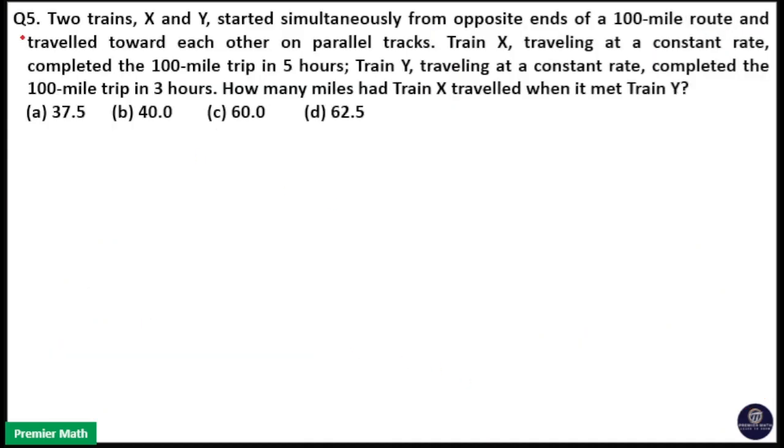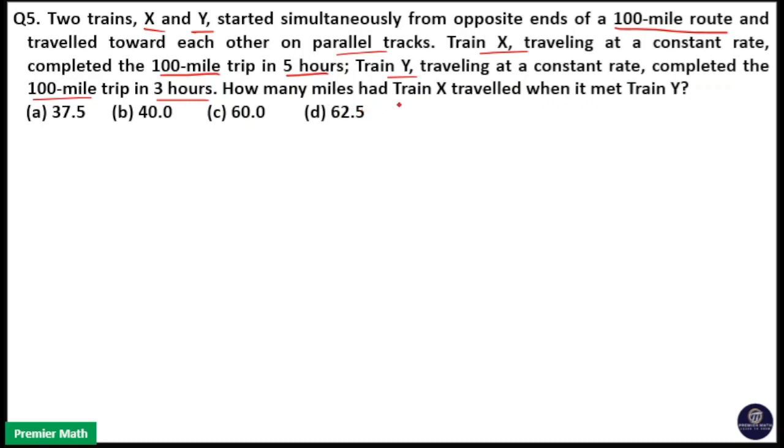Next is question number 5. Two trains X and Y started simultaneously from opposite ends of a 100-mile route and traveled toward each other on parallel tracks. Train X, traveling at a constant rate, completed the 100-mile trip in 5 hours. Train Y, traveling at a constant rate, completed the 100-mile trip in 3 hours.